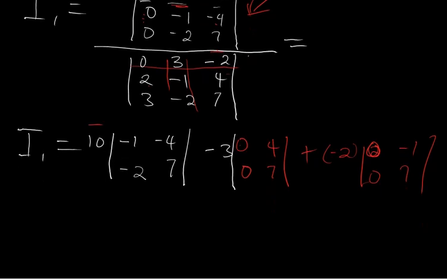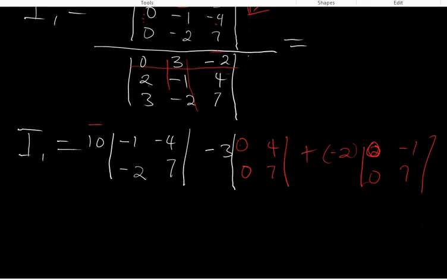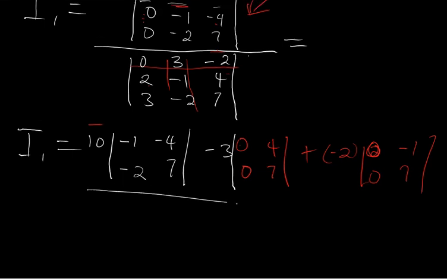That's for the numerator. So I will do the same for the denominator. For the denominator, this is gonna be 0 multiplied by its minor. So that's gonna be minus 1, 4, minus 2, 7.